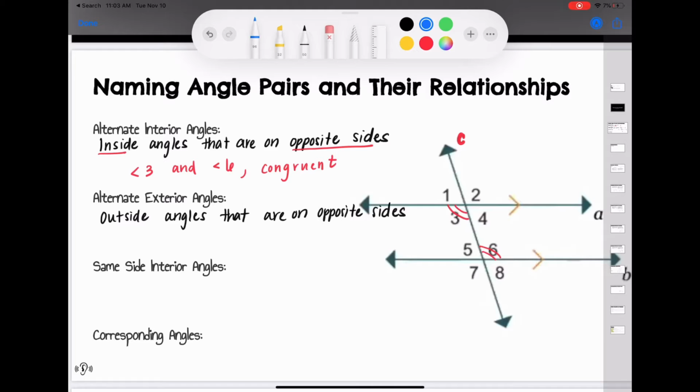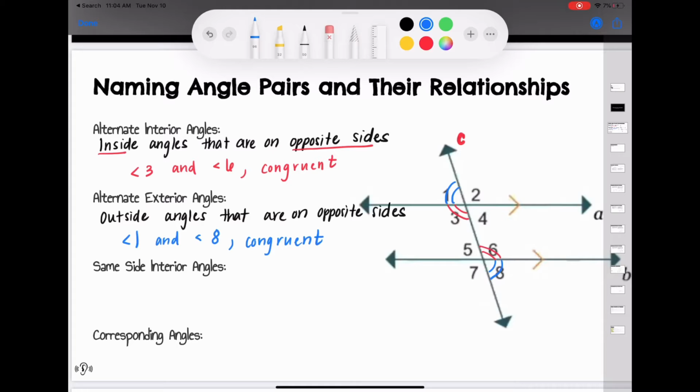A set of alternate exterior angles that we see here are 1 and 2. Angle 1 and angle 2 are alternate exterior angles. These angles are also considered congruent, meaning they have the same angle measure.